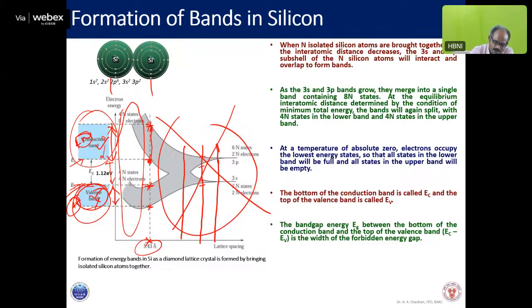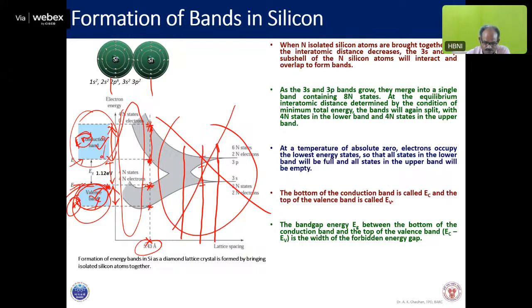But when an electron is at the top of EV, suppose an electron is here at this point. Now if you apply a voltage, the first thing is what force it will experience: eV by d.